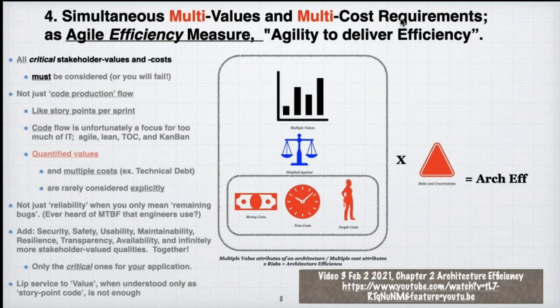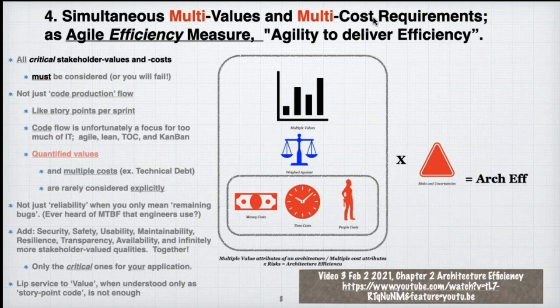And not only that, we also do multiple cost ideas. Many people either don't do cost at all, they just hope they won't run over their budget or deadline. But when they do it, they maybe focus on the capital cost. But that's why we get problems like technical debt, which far exceed the capital costs.